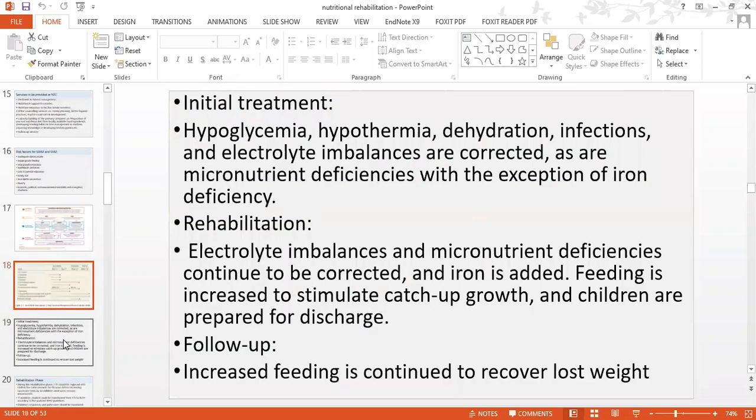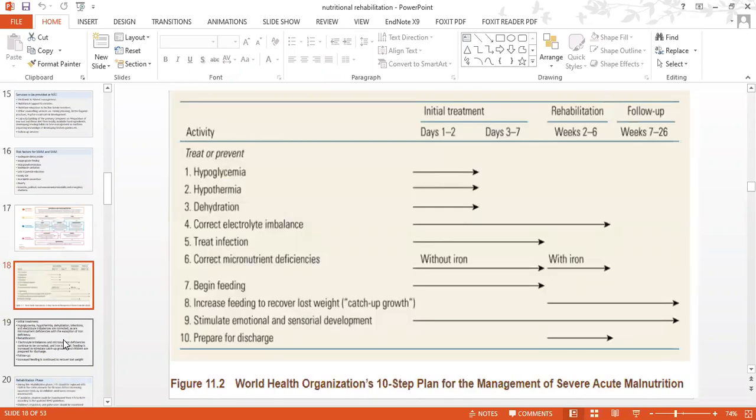Here is the 10-step flow chart given by the World Health Organization for management of acute malnutrition. We talk about the rehabilitation.